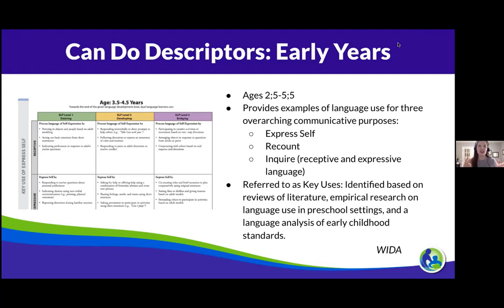They can't have ACCESS scores yet. And so this is a gold mine for our early childhood teams for dual language learner evals. If your EC people are not here, this would be a really good item to share with them, the Can Do Descriptors for the early years.